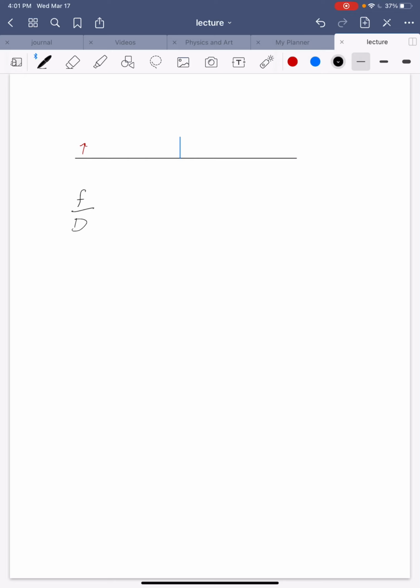So the first thing to consider when I am talking about a camera is that what I'm trying to do is take an object that's usually fairly far away and create an image on either film or a CCD if it's a digital camera, which is fairly close to the lens. So basically the thin lens equation applies here.